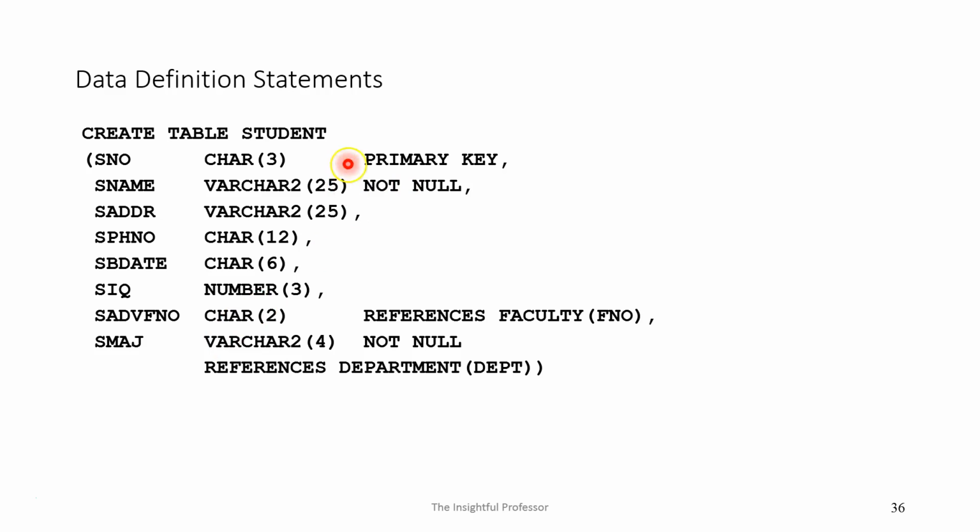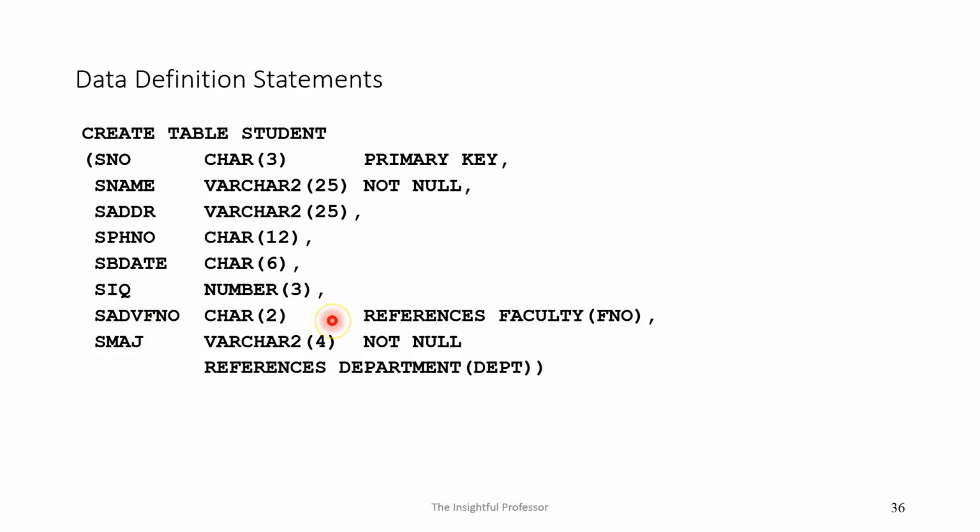Student. Each row in the student table represents information about one student who's enrolled at the school. Each student is identified by a unique student number. Each student has a name, must have a name, and then also can have an address, phone number, date of birth. We have the IQ of the student, and we have the faculty advisor.